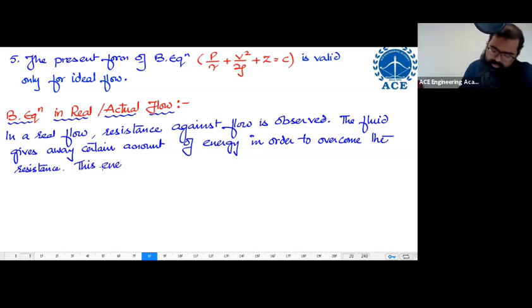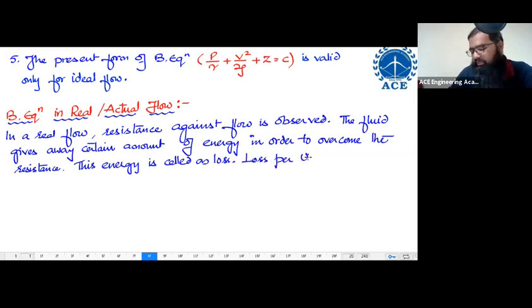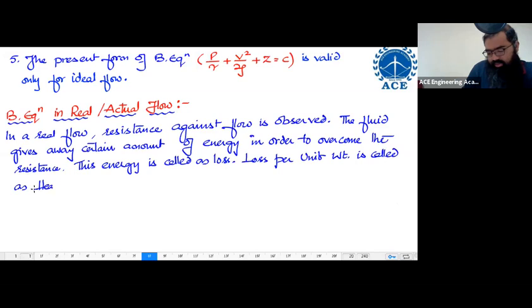This energy is called loss. Loss per unit weight is called head loss. Loss per unit weight is called head loss. I'm going to represent head loss with small h.